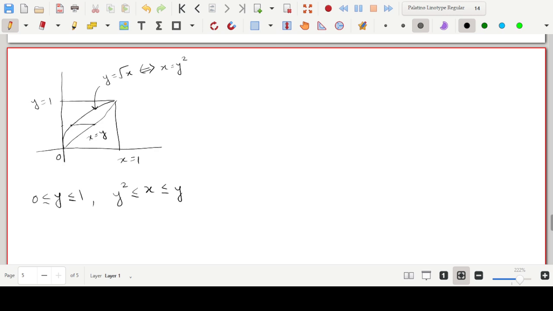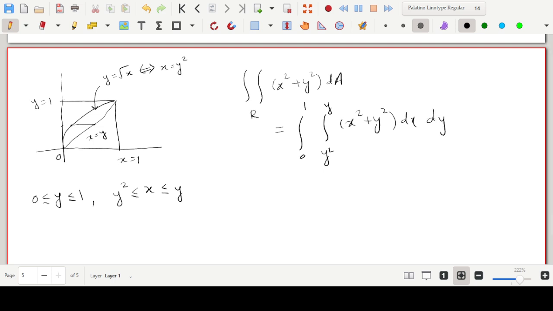Okay, so we can take the other view of the same integral. We can compute this x square plus y square by integrating with respect to x first, where the limits of integration with respect to x are y square and y, and then integrating with respect to y.